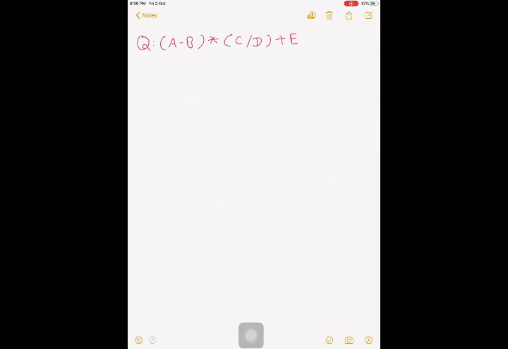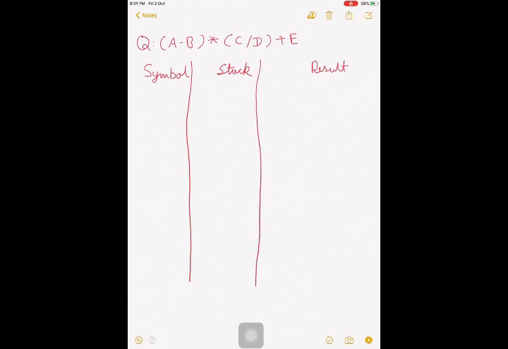I have told you that you should make a table of 3 columns. The first column will be the symbol, the second column will be the stack, and the third column will be the result. The first two columns will be smaller in size and the result column will be much larger.